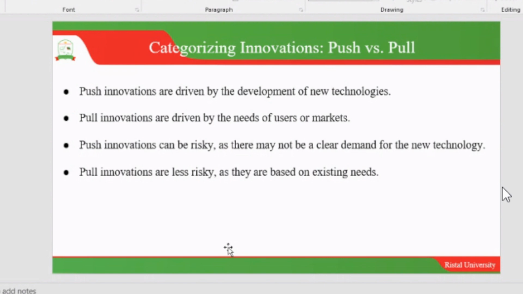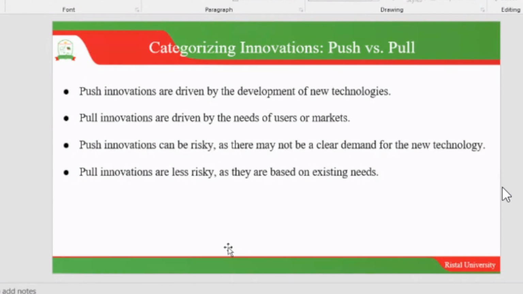Okay. So we realize that push innovations, because they have not been solicited, or they are not in the mind of these users, they are not needed by these users at that time, they are risky to take on, okay? Because there may not be that clear demand of the new technology.